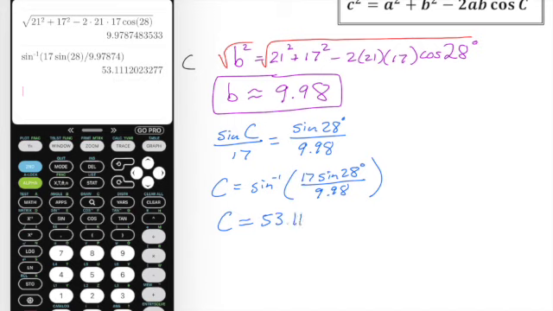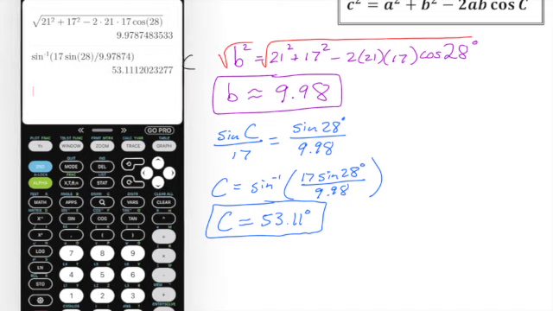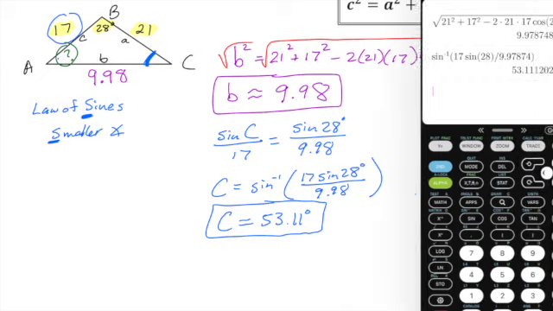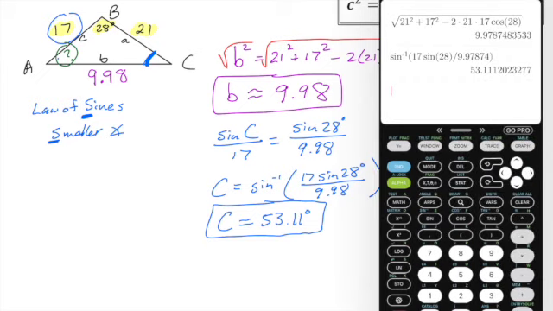So angle C is 53.11 degrees, and again, I know that it's acute because it's the smaller angle, so I don't have to consider its supplement. And now angle A is just going to be 180 minus those two angles that I do know. 180 minus angle B, which is 28, plus the C that I just found, which is 53.11.